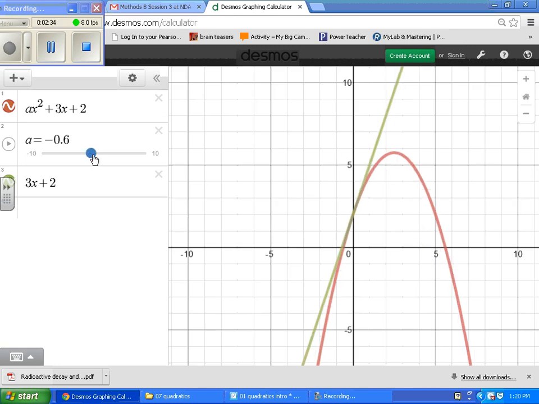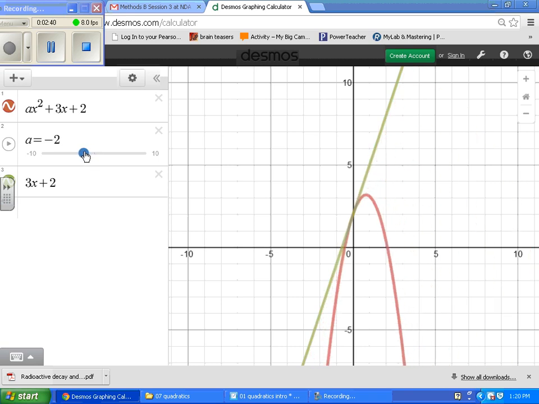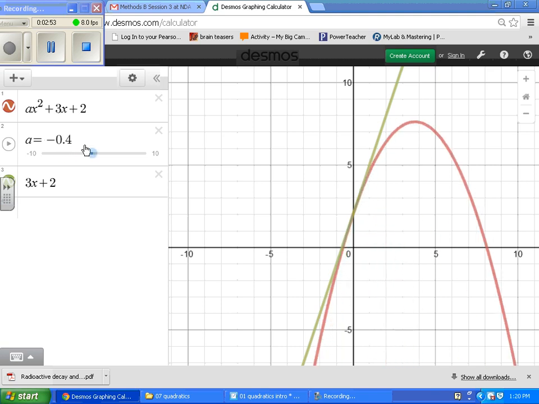So once again, we start off with a line. All the positivity is being made negative because of that negative x squared value, and we get a downward parabola as a result. The bigger the a value, the more rapidly it parabolizes.